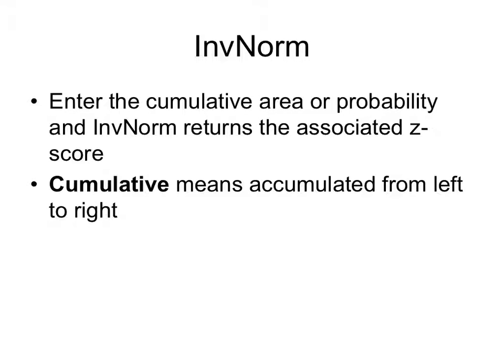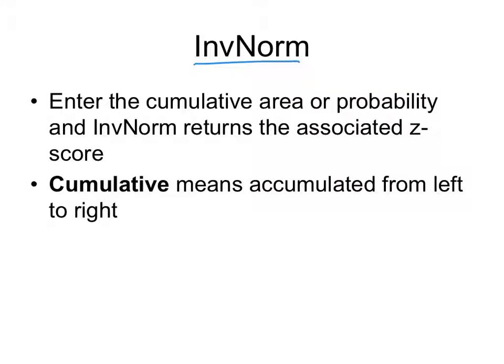Anything else that's not one of those that I multiplied, I need my calculator. Again, the command is right under the normal CDF. It's called inverse norm. Inverse is kind of the opposite, so it's the opposite of doing a normal distribution.